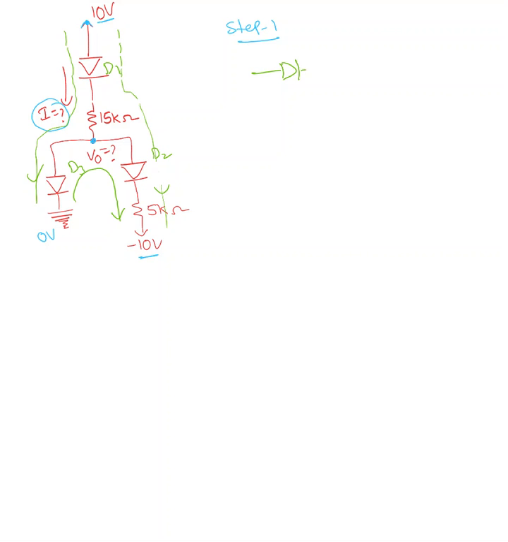So for sure we know that D1, both currents are flowing from anode to cathode, so acting like a closed switch. Okay, and same thing with D2. If you look at D2, both currents are flowing from anode to cathode, that is also acting like a closed switch.